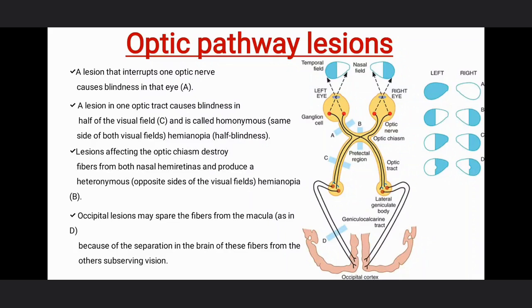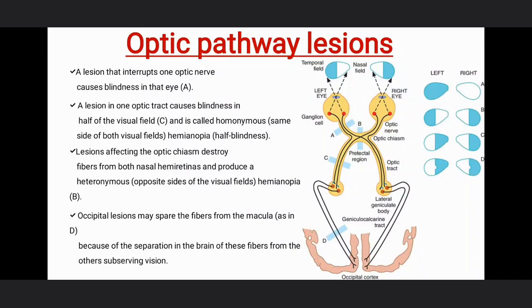Okay, now you can see B, lesions affecting the optic chiasm destroy fibers from both nasal hemiretinas and produce a heteronymous hemianopia, where the opposite sides of the visual fields get affected.